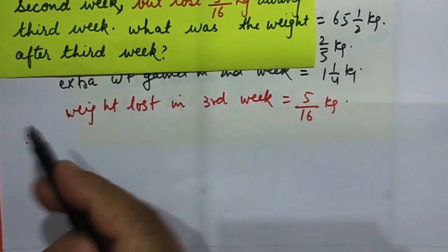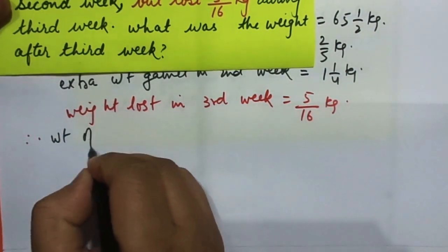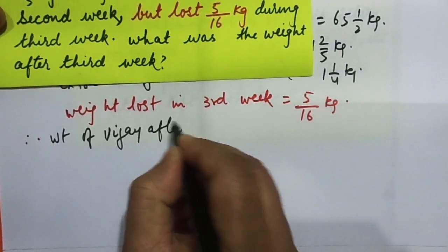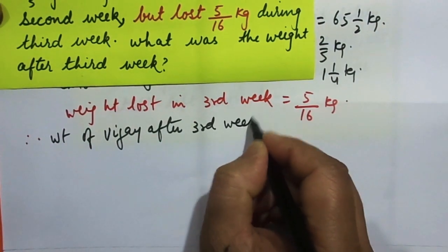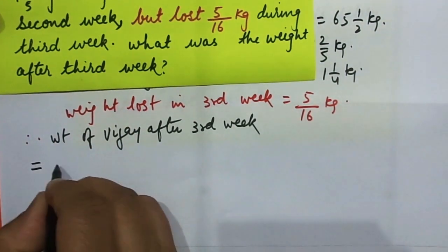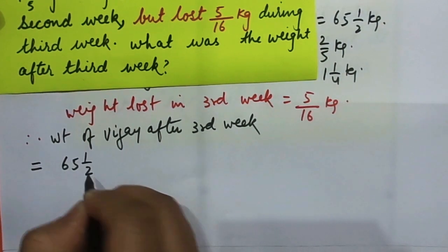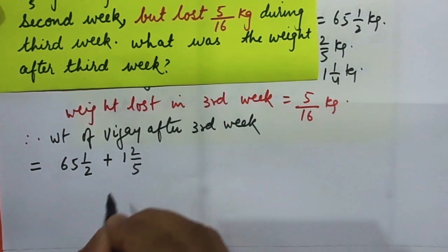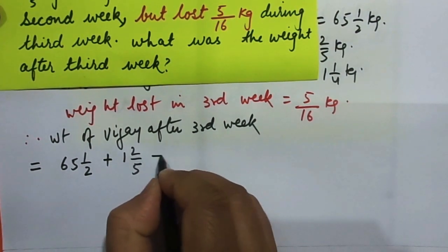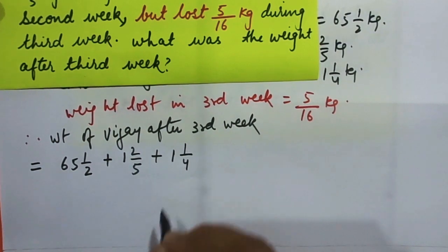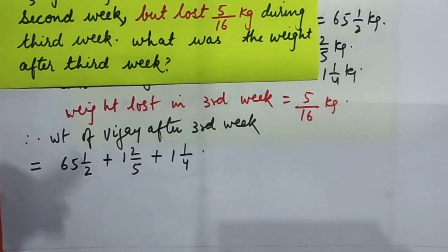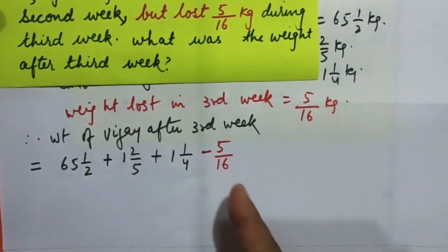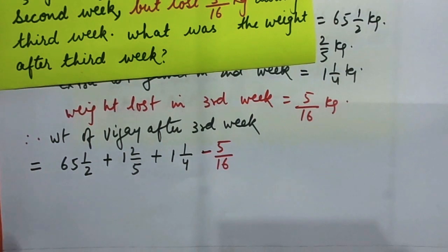Therefore, weight of Vijay after third week will be equal to 65 1 by 2 kg, which was his original weight, plus 1 2 by 5, the weight that he put on in the first week, then plus 1 by 4, weight put on in the second week, minus 5 by 16 kg, weight that he lost in the third week.